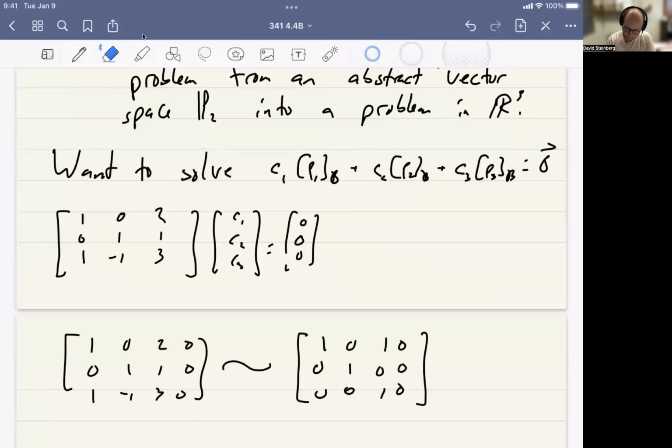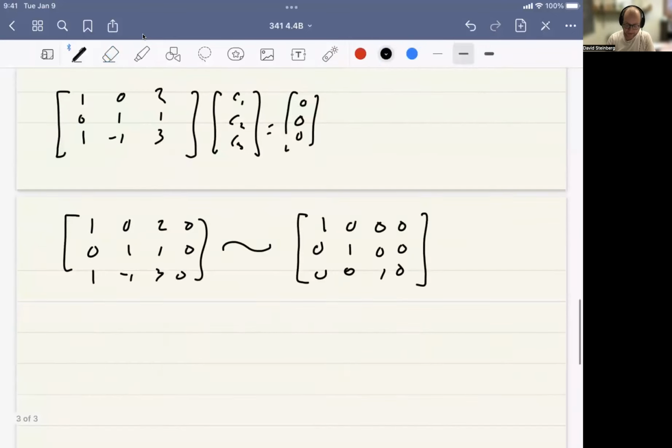I'm sorry, that's a 0 here. You should check this step, but this is giving us a unique solution. And we know that one solution already exists, the trivial solution.